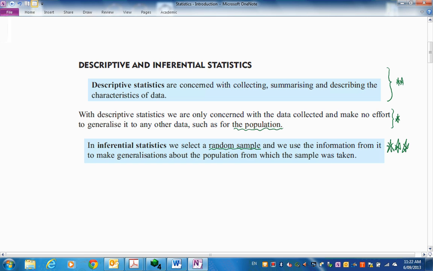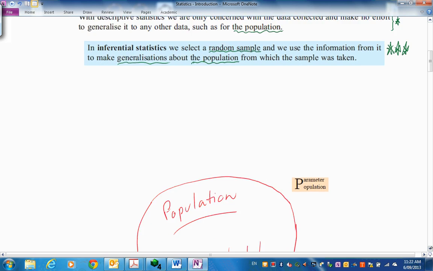We use the information from it to make generalisations about what would happen if we measured everybody, the whole population, or all the items of interest. This is what we're mainly concerned with in this particular course, inferential statistics. There's an interesting amount of calculation and probability around the inferences that we're going to make. So come on down, let's develop it a little bit further.